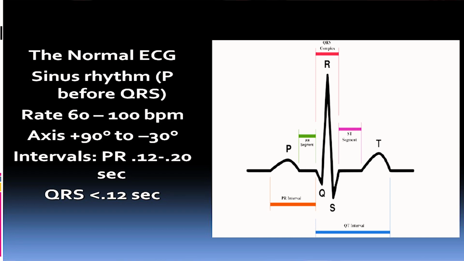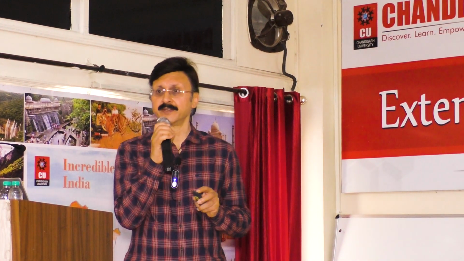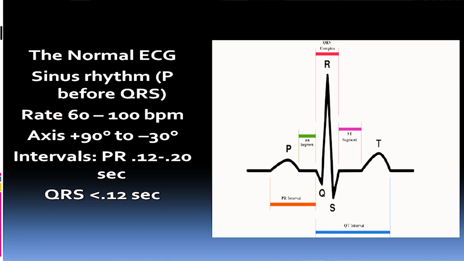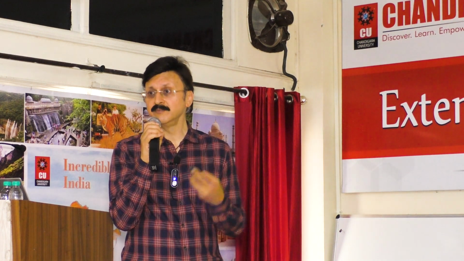It is 0.12 to 0.2 seconds. And then we have the QRS. QRS is usually less than 0.12. Whenever there is a change in this, it can reflect some underlying problem.